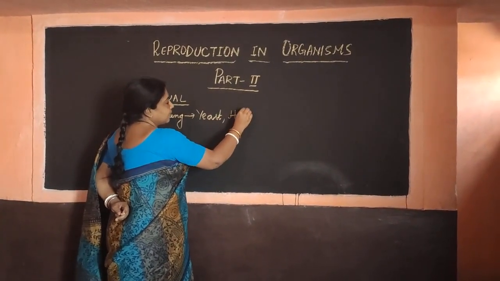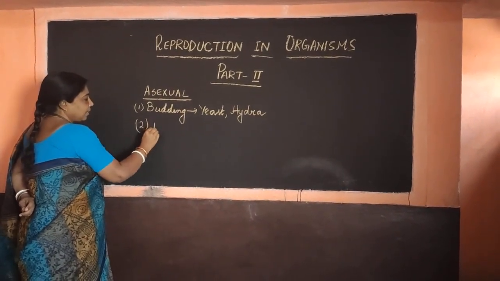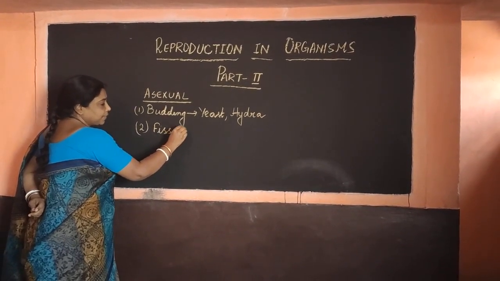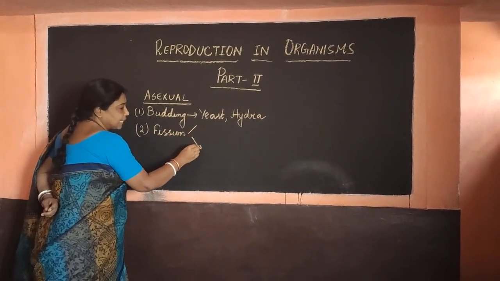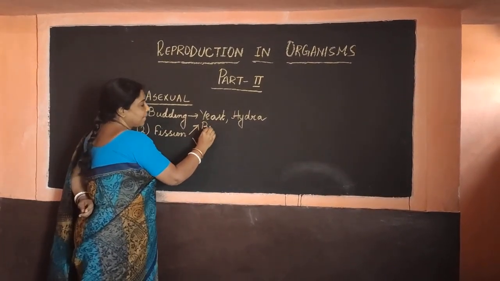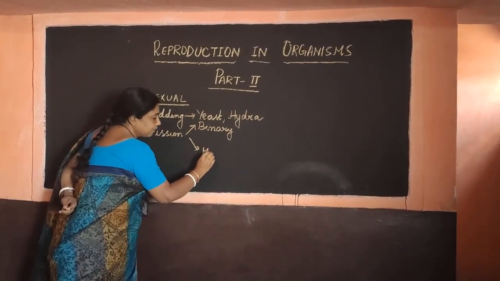The next method which we discussed was fission, and in fission we discussed two types: the first type was binary fission and the second was multiple fission.